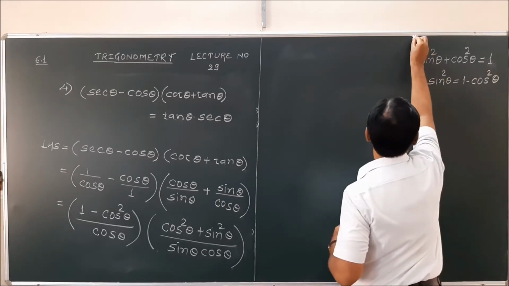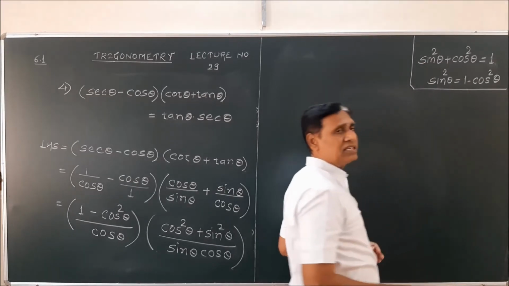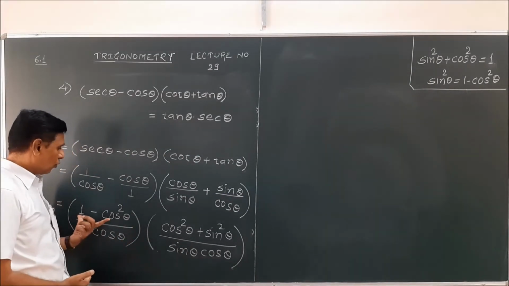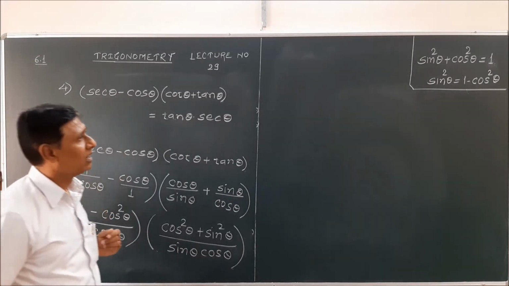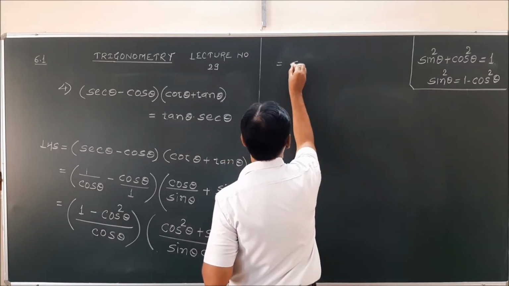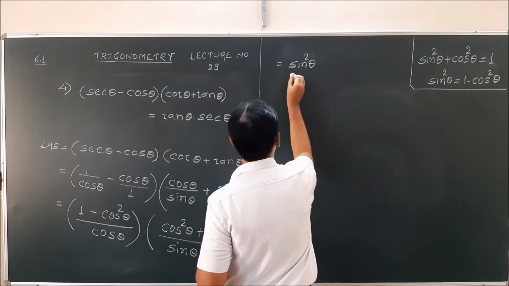Try to understand, dear students. This is our first identity that I am going to use over here. So 1 minus cos square theta is sin square theta. So that is equal to sin square theta upon cos theta.